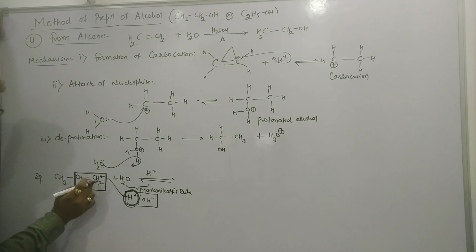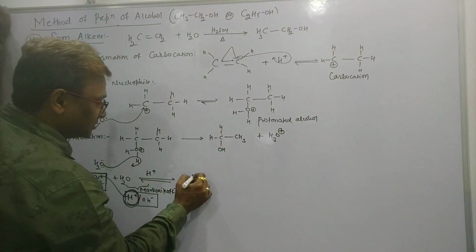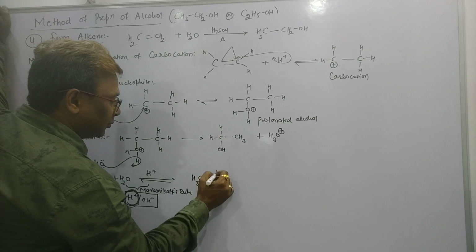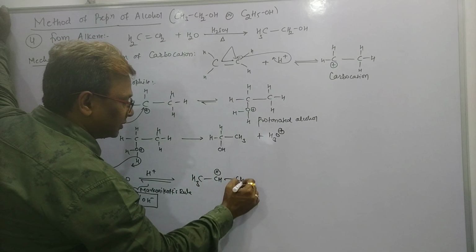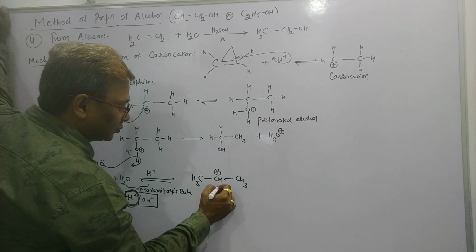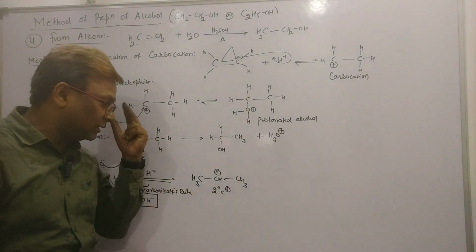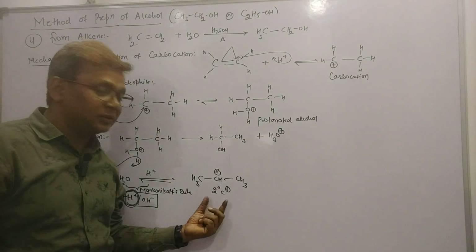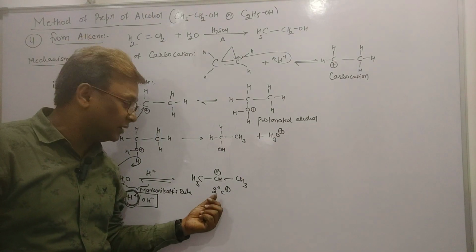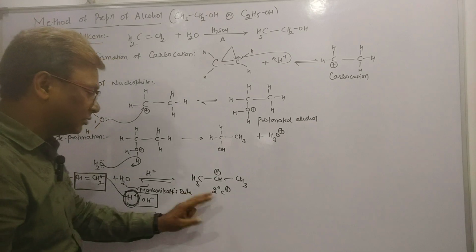So when H attacks here, it forms the carbocation. I'll show you: CH3, then CH with a positive charge, and CH2 becomes CH3. It is a 2 degree carbocation. If we want to, we rearrange 2 degree to 3 degree, but here there is no possibility of rearrangement, so leave it as it is.